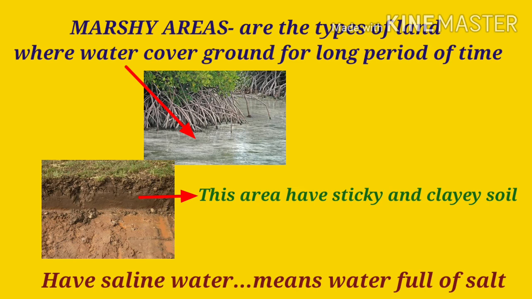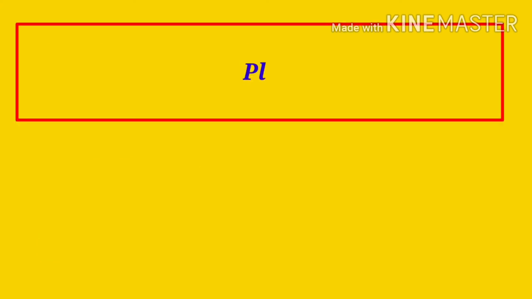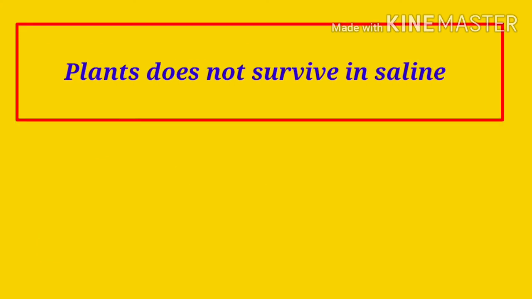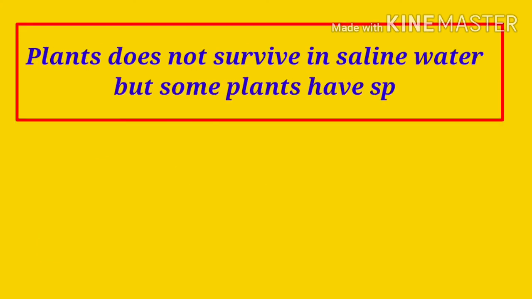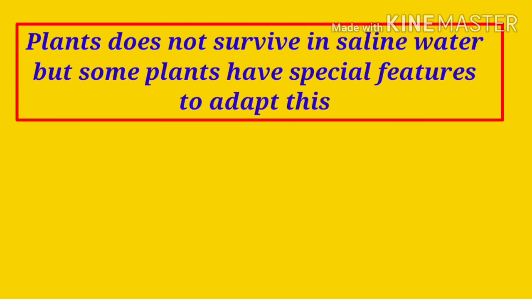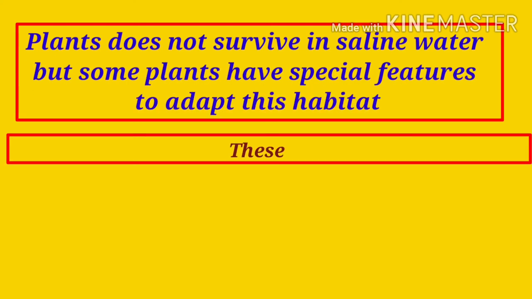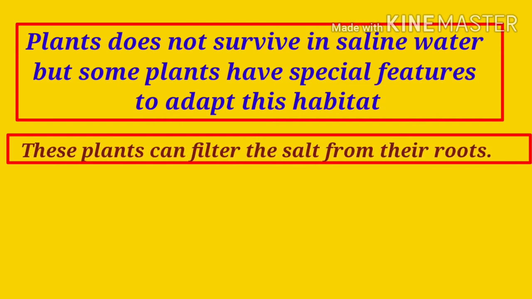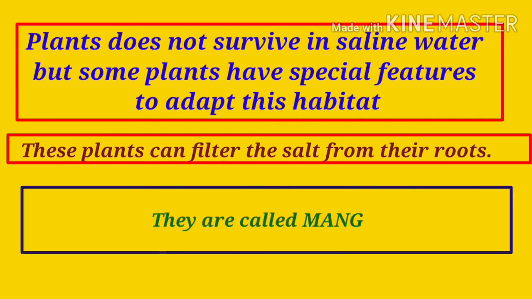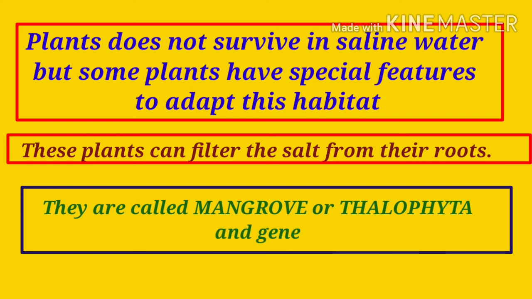In the same manner, this water is also irritating to the plants. Plants do not survive in this saline water, but some plants have special features to adapt to this habitat. These plants can filter the salt of seawater through their roots, and these plants are called mangroves.